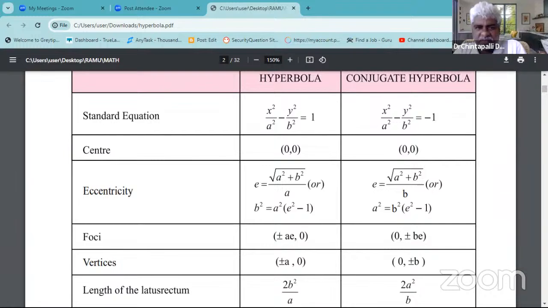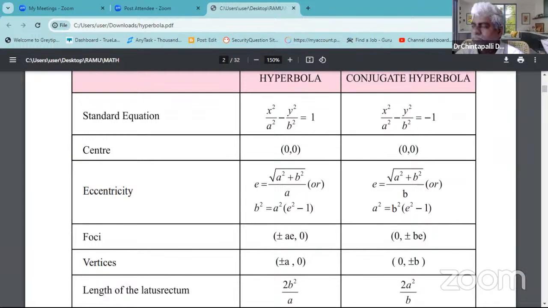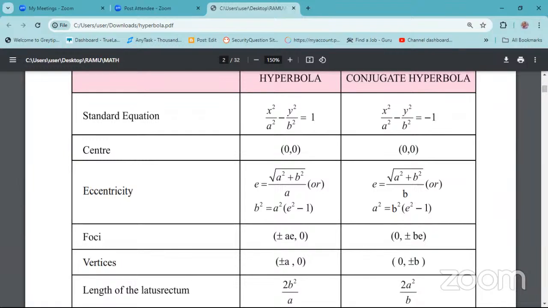What is the difference between standard equations in hyperbola and conjugate hyperbola? X square by A square minus Y square by B square equals 1 for hyperbola, and for conjugate hyperbola, it's X square by A square minus Y square by B square equals -1. The difference is the negative one. Center? Both of them are 0, 0. Eccentricity?